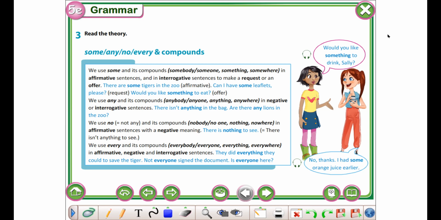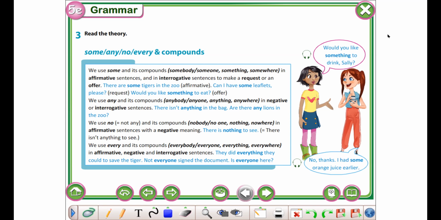We use every and its compounds, everybody, everyone, everything, everywhere, in affirmative, negative, and interrogative sentence. They did everything they could to save the tiger. Not everyone signed the document. Is anyone there? Is anyone here?